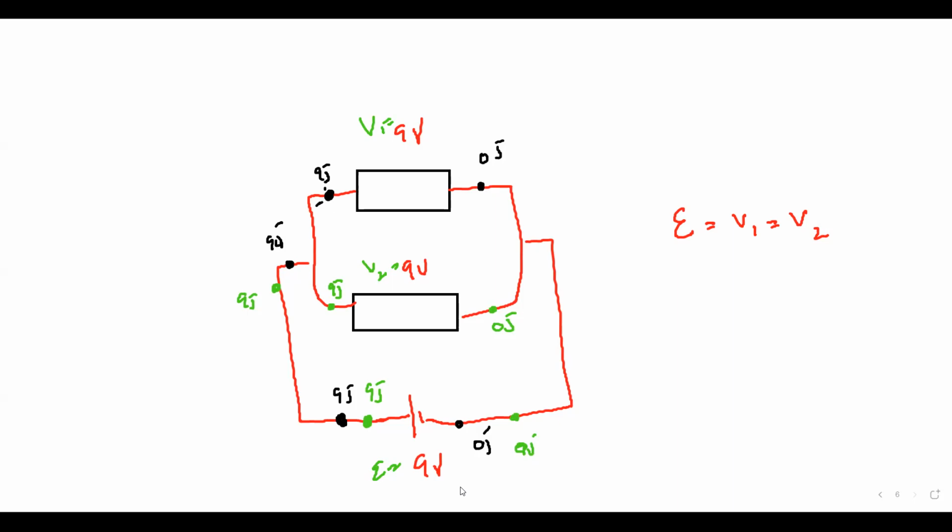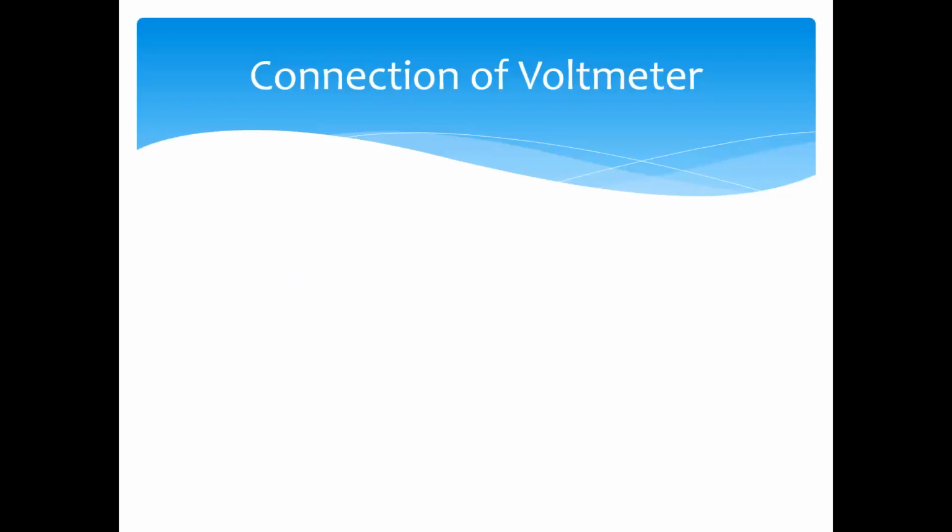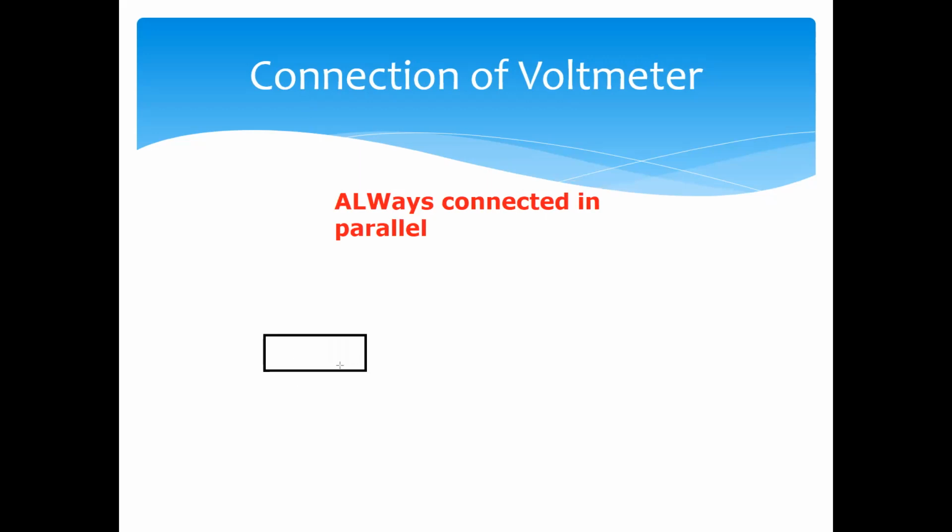That's why if we want to connect a voltmeter, we always connect a voltmeter in parallel, because in parallel the voltage is the same. So say we have resistors and a battery or a cell.